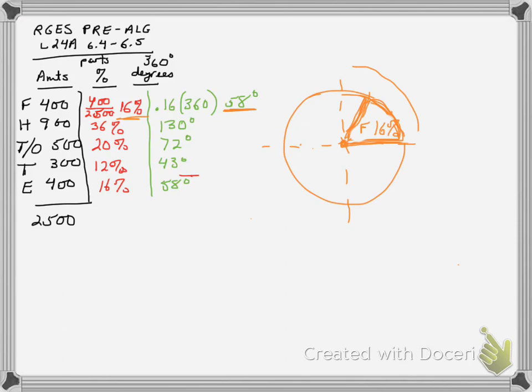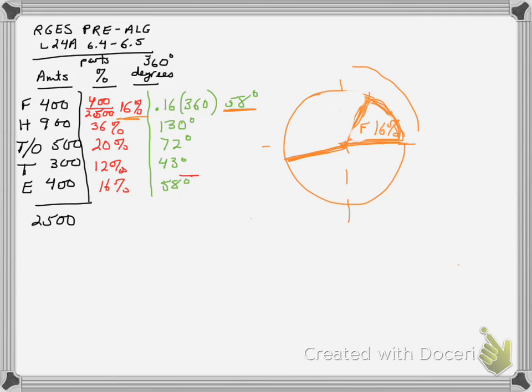The next one is going to be 130 degrees. This would be 90. This would be 30. That'd be 120. So we'd probably stick ourselves over to about here. A little bit more. And that is going to be for my housing. And it's going to be 36%. Okay, so notice we're graphing degrees with your protractor, but you're labeling percent.